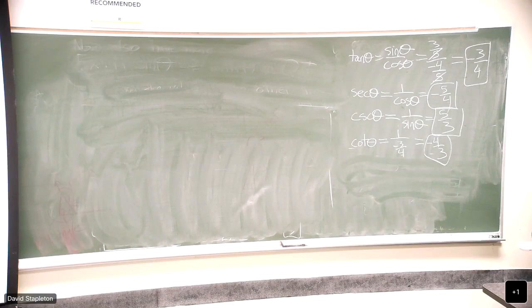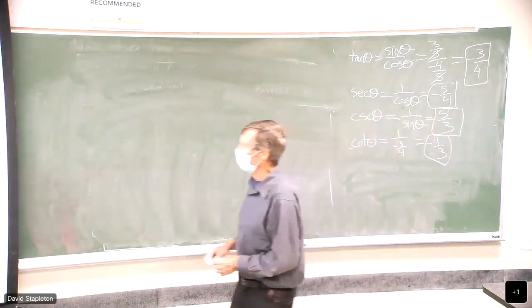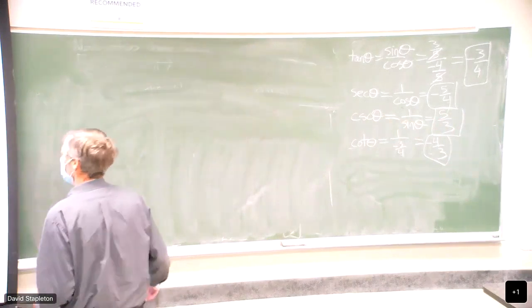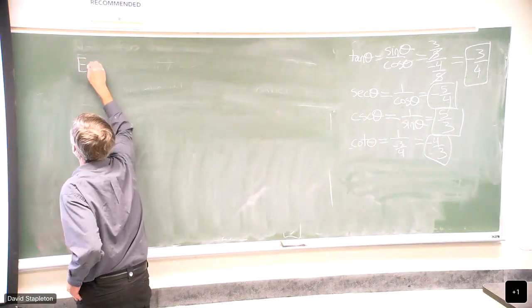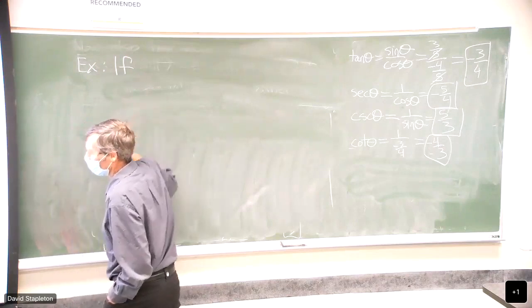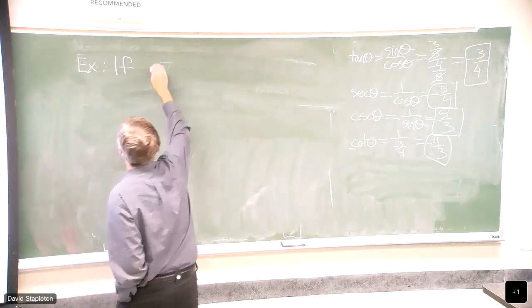There we go. There's a harder one. I'm going to come down here to example 21. Suppose instead of being given sine, we're given tangent. Tangent equals 5/4.